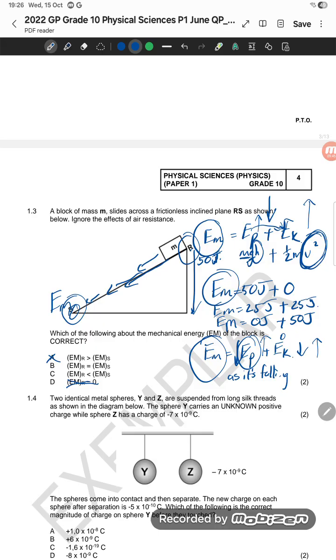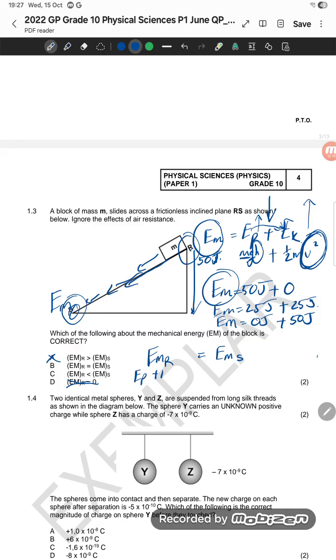So what I can really say in a very nice long way is that, what are we calling R and S? So I've got EM of R is equal to EM of S. And what I really can say is that EM is equal to EP plus EK, so EP plus EK is equal to EP plus EK.